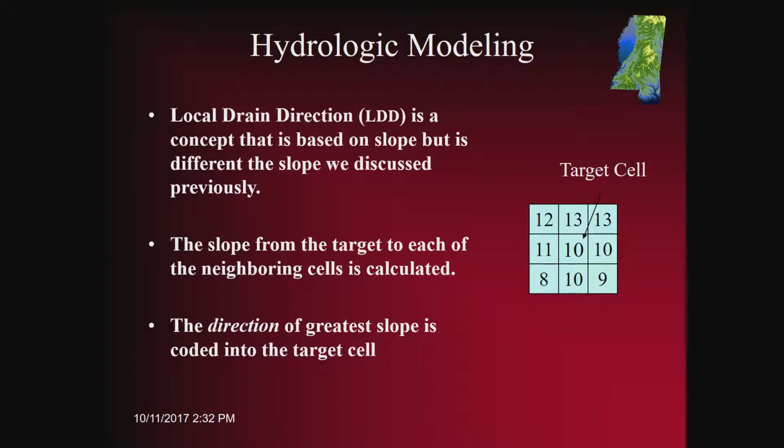All these are uphill, except for these two. We need to figure out which one has the greatest slope. Which one's it gonna be? It's gonna be 8. Yeah, that one has the greatest slope.